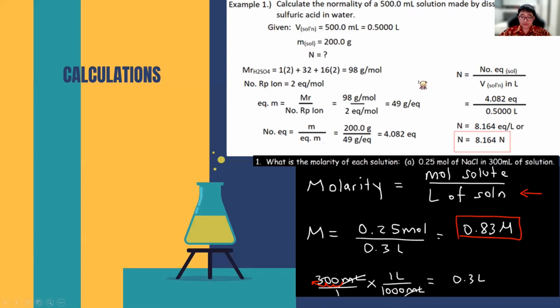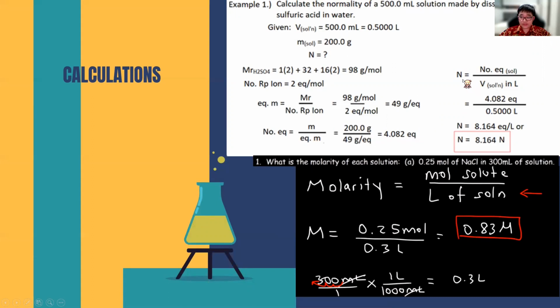For the normality, the formula is number of equivalents over volume. Then we need to find the molar mass and the number of replaceable ions, from which we find the equivalent mass, which equals 98 over 2, which is equal to 49. The number of equivalents is equal to mass over the equivalent mass, which is 200 over 49, equal to 4.082.